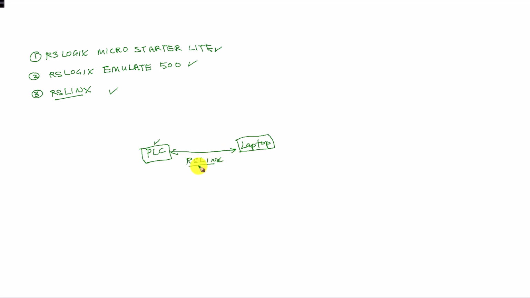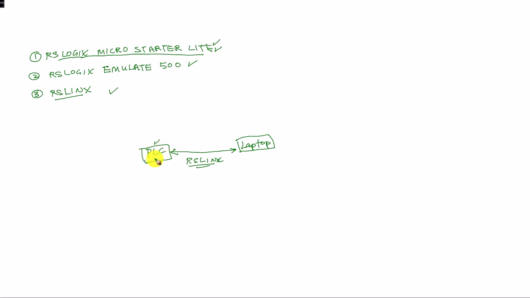It acts like an agent between these two devices. So we need this inside our laptop. We need this software RSLogix MicroStarter Lite to program the PLC ladder logic diagram so that it can be downloaded into the PLC later on for use. Okay, so we need this when we have a physical real PLC device.